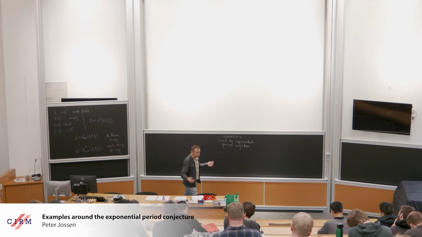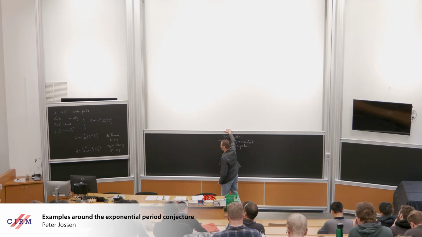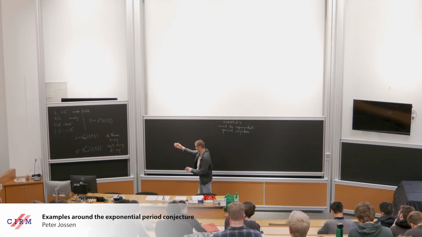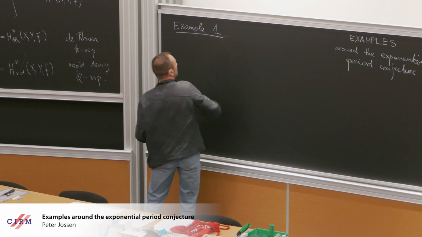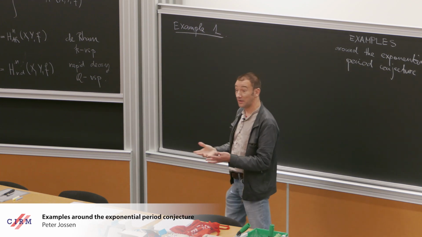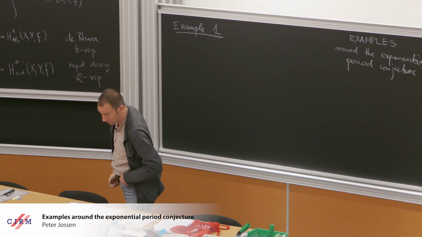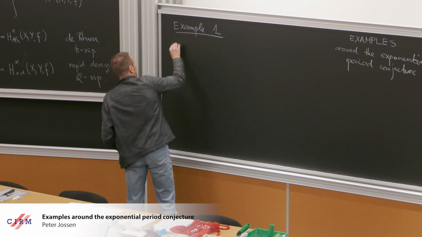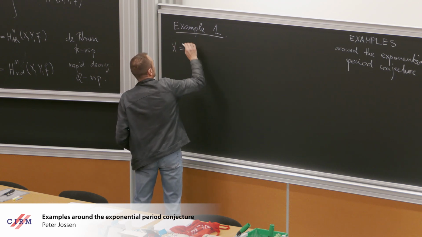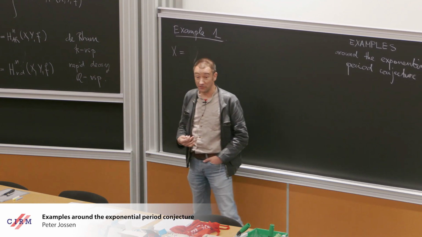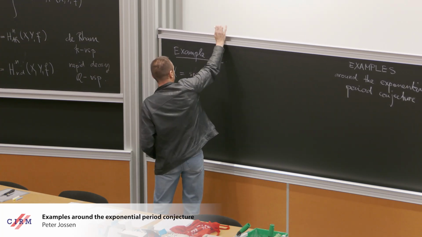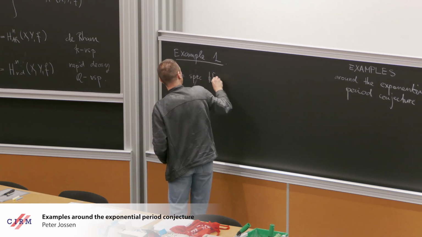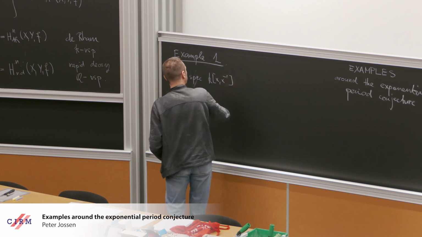And now it's time for examples. So my first choice for a variety is the affine line with the origin removed, Spec K[x, x^-1].